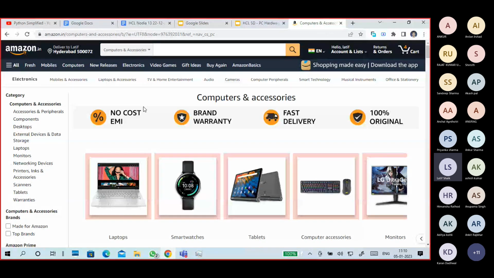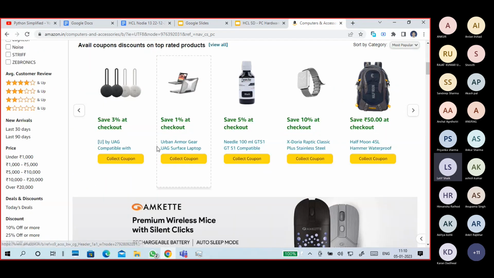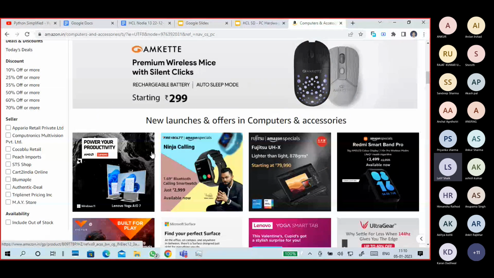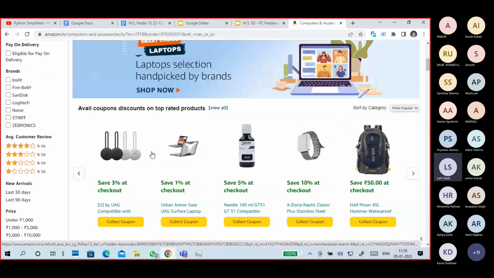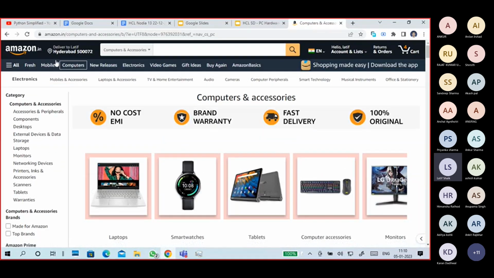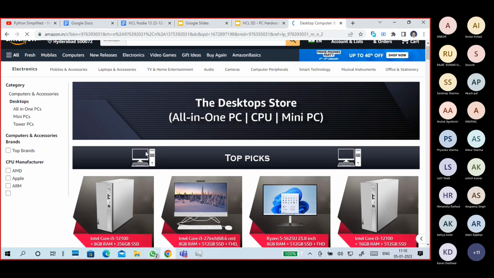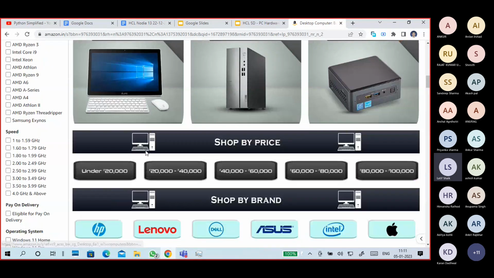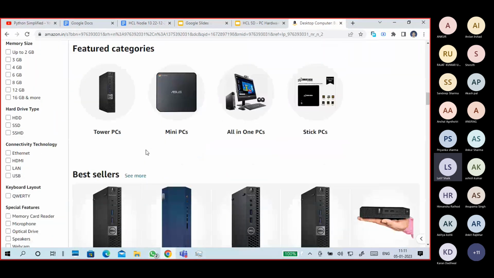They give articles, which is also good. You can read the article, but in reality what is available outside and other details about it, we don't know, right? So my point is, you can go through the tech blogs, but also sometimes go through these e-commerce websites and look at different types of laptops, desktops, and different components.